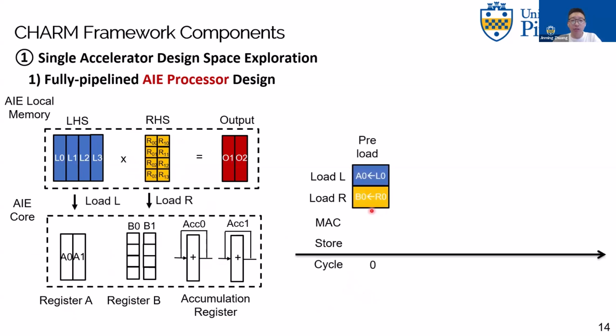In cycle 0, we preload 2 vectors into the AIE register. So here we load L0 to A0 and R0 to B0.